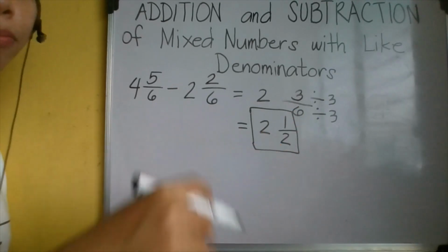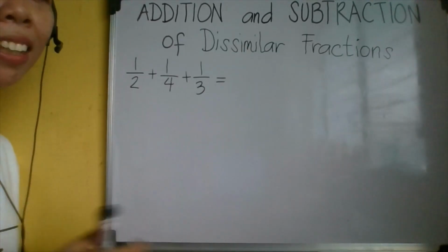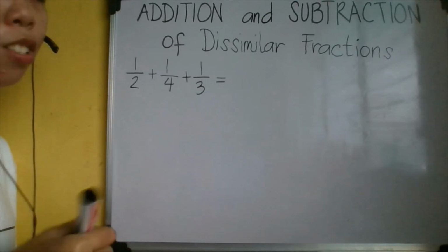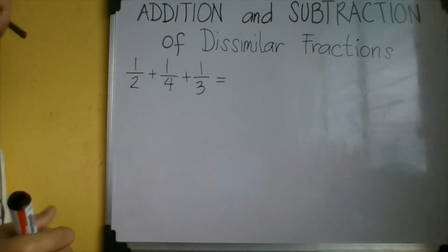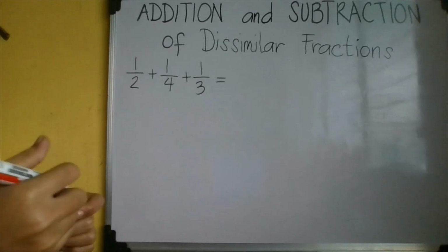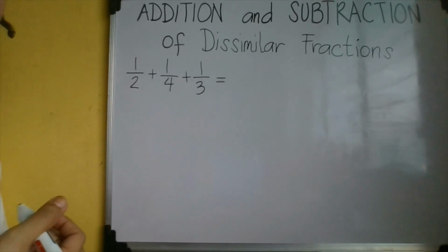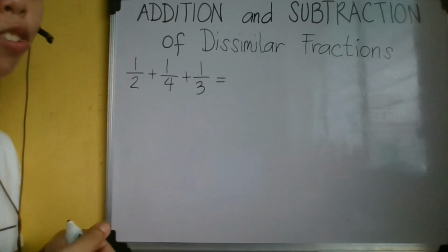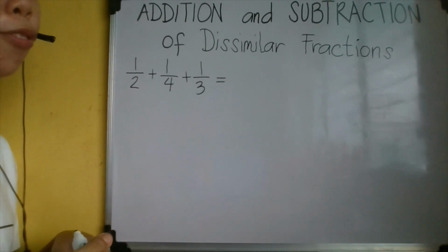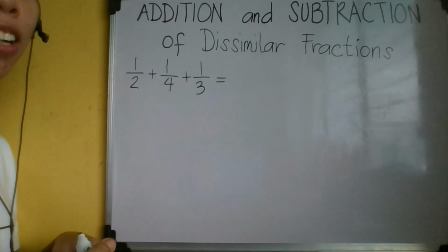Okay, now let us add fractions with different denominators. So first, in adding fractions with different denominators, or adding dissimilar fractions, we have to find first their least common denominator or the LCD.